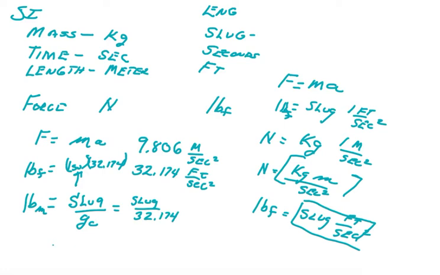And this means that a pound mass exerts 1 pound force on the surface of the Earth. This is a key point.